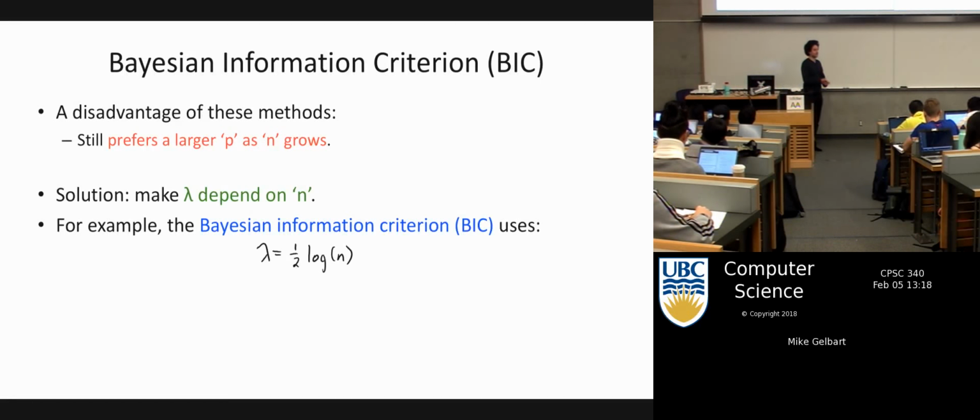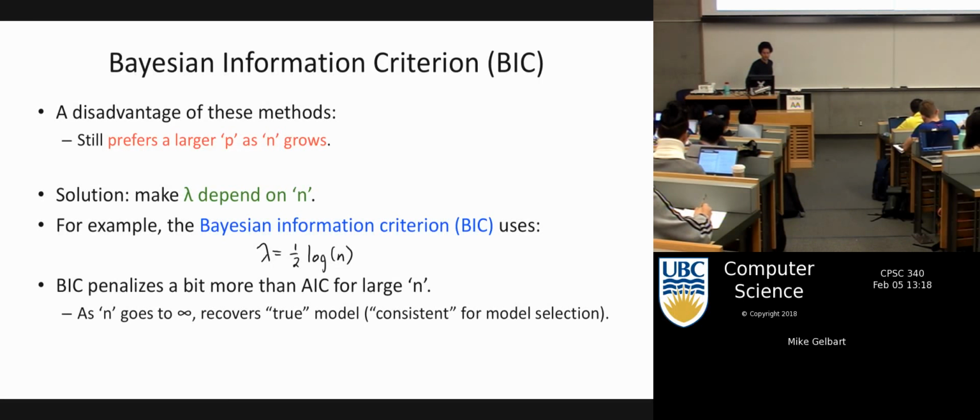With BIC, we're going to pick lambda to depend on n. And so as n goes towards infinity, as we collect a lot of data, you can prove some things about this BIC.